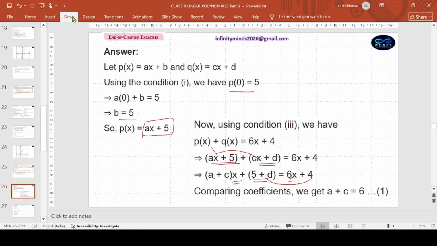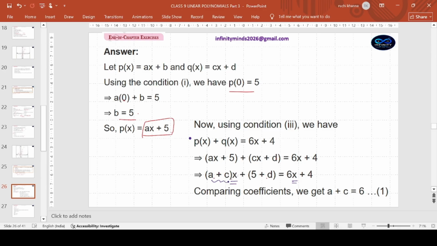Let me explain once again with a different color pen. In step number 1, we are clubbing the like terms, like ax and cx should come together. If it is an x, obviously it should match, they are equal after all, children.